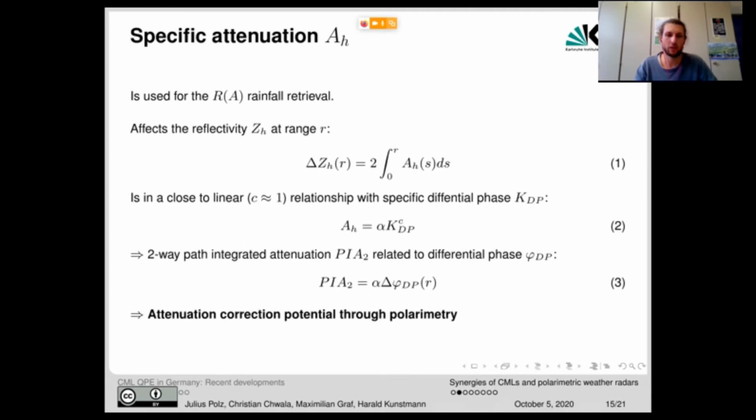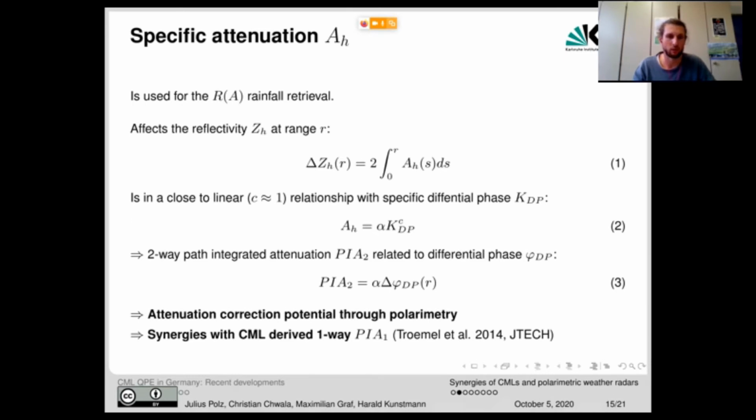So an attenuation correction potential is created through polarimetry, and synergies with CML-derived one-way path integrated attenuation were already proposed by Silke Trömel, and I think also Alexander Ryzhkov and Christian Chwala are there among others.